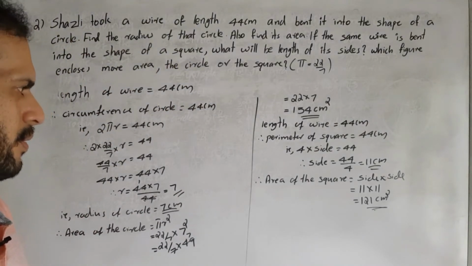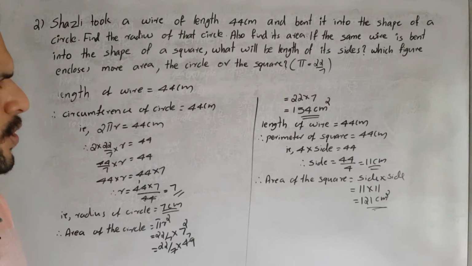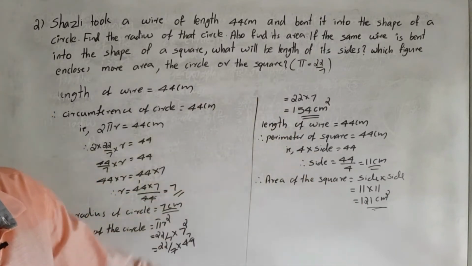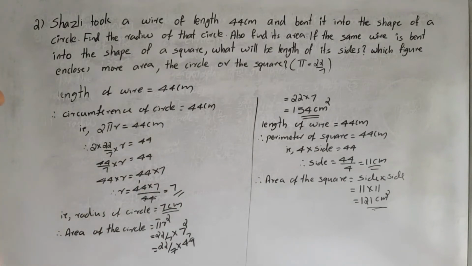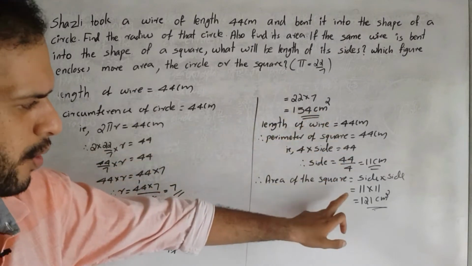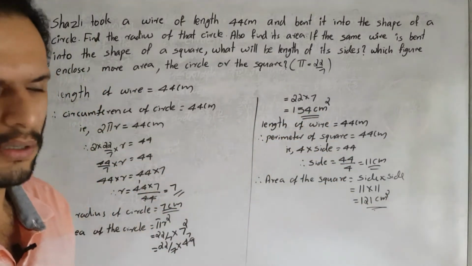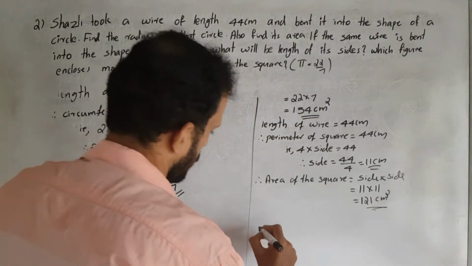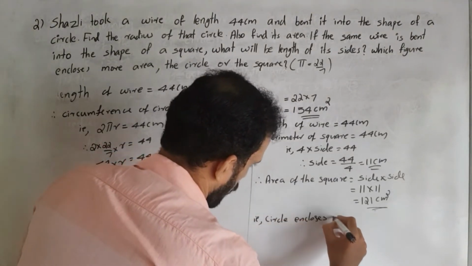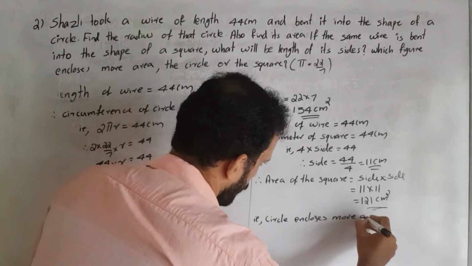So it's very clear which one encloses more area, circle or square. Yes, the circle encloses more area because it's 154, the square area is 121, correct? So the last answer is that the circle encloses more area.